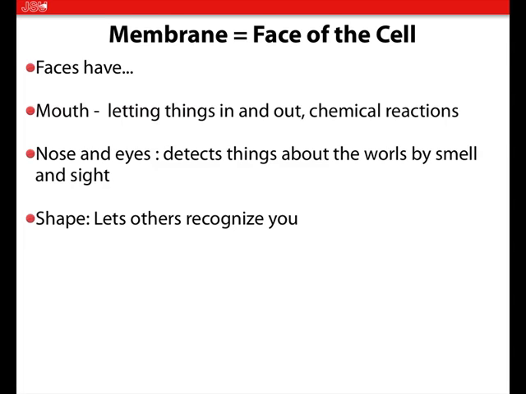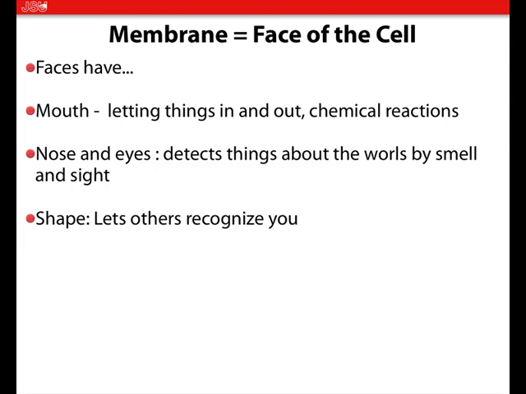Coming back to the idea I've used before, the membrane is like a face. I've said that it lets things in, it lets things out, and it detects things about the outside. Kind of like a mouth lets things in and out, your nose and eyes detect things around the world, and the shape of your face lets other people recognize you.